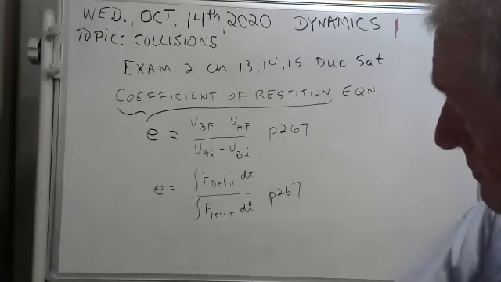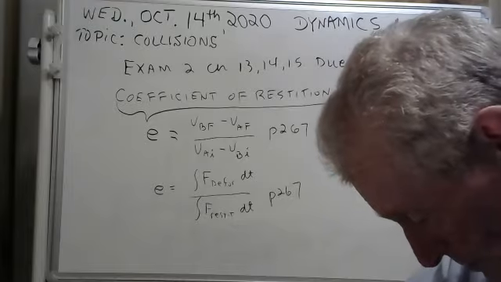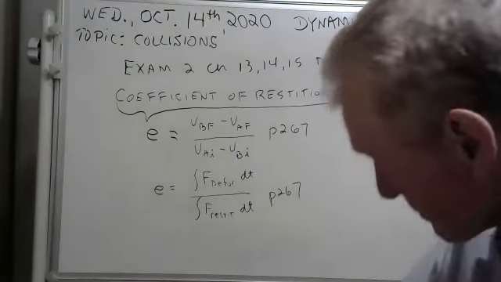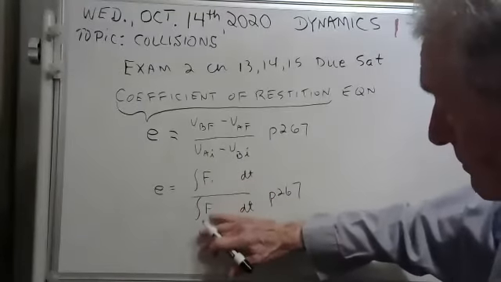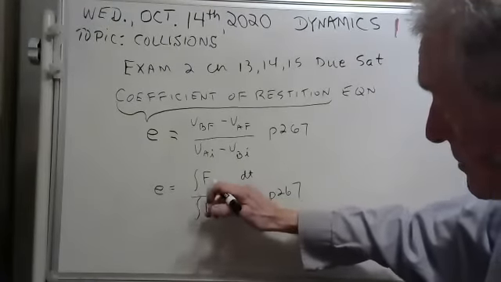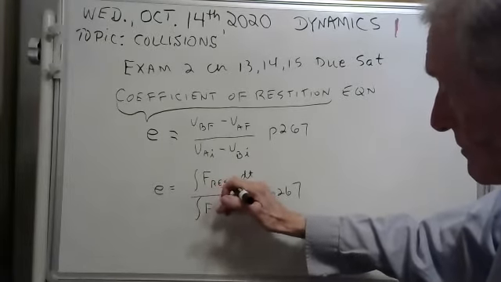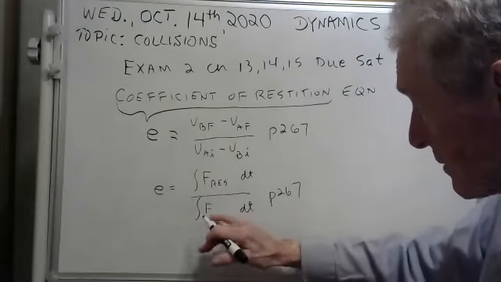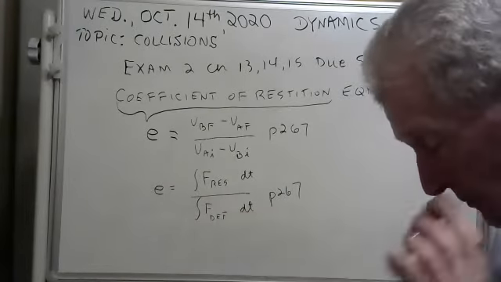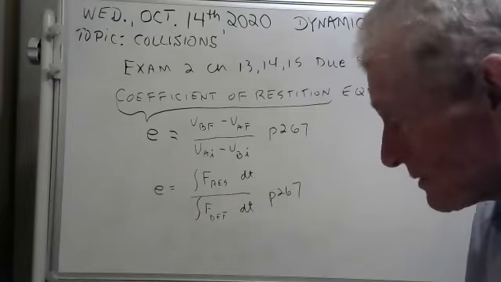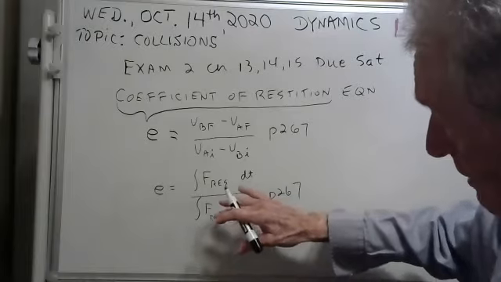And do I have that right? No, I've got it backwards. Let me make it right. Somebody could have gotten a thank you point because I had it upside down. The numerator is the force of restitution, and the denominator is the force of deformation. It turns out that, well, this is force, but this is impulse when you integrate it with time.